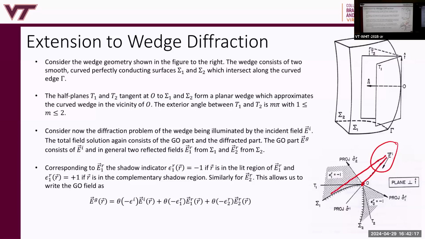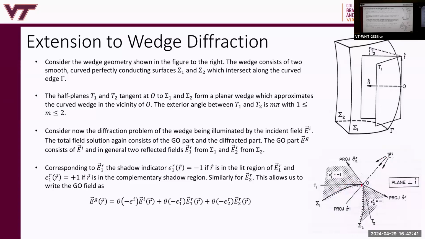This illuminates this face, sigma 1, and this face, sigma 2. We're looking at a cross section of this thing now, orthogonal to the edge tangent, and we have an incident field illuminating both sigma 1 and sigma 2. So we have two reflected rays, and then we have a diffracted ray as well.